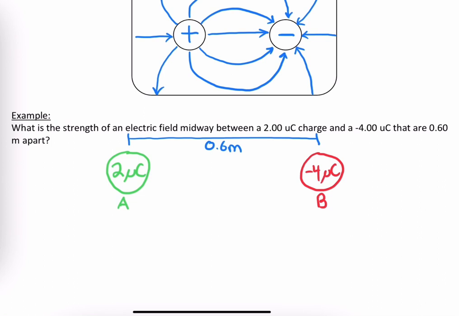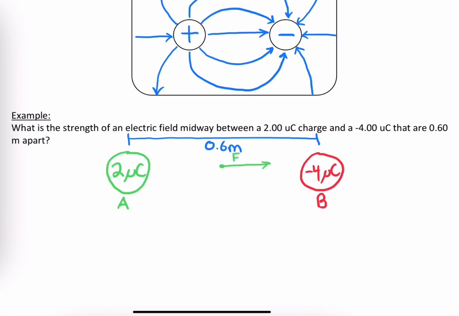So, because charge A is a positive charge, electric field lines will go away from it. So at this point here, I would expect it to create an electric field going in that direction.